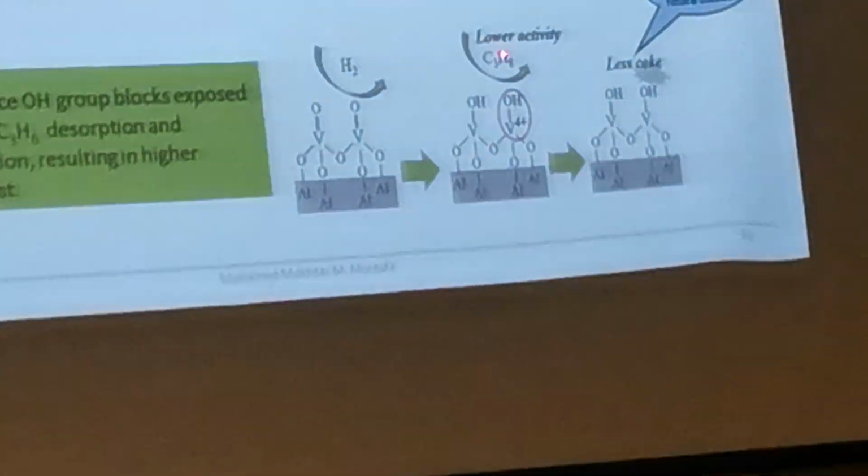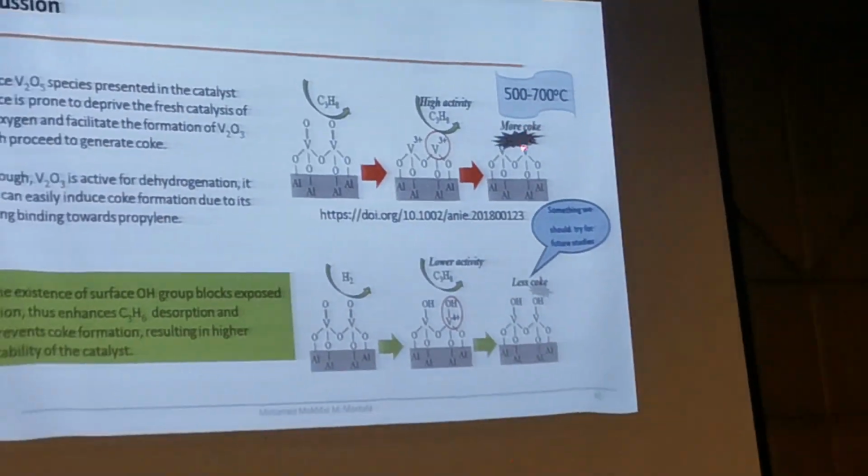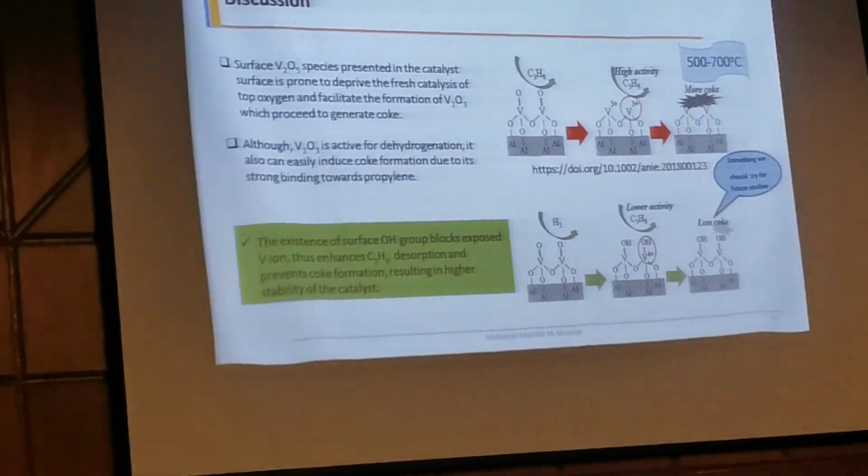Our aim is to control this oxidation state by adding a hydroxyl group, so this hydroxyl group will convert the trivalent vanadium, which is very active and causes this coke formation, into a non-coke-forming catalyst.